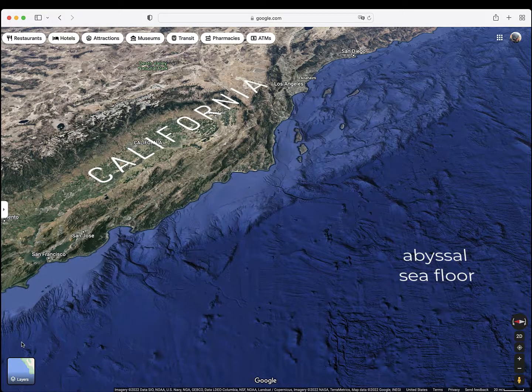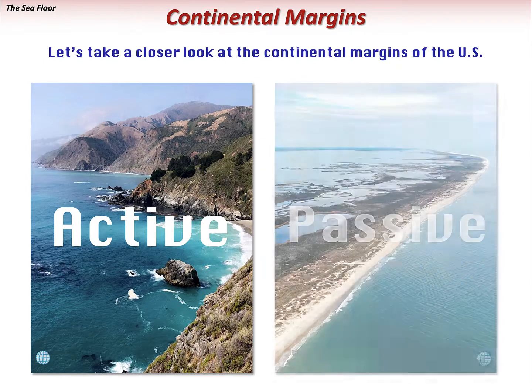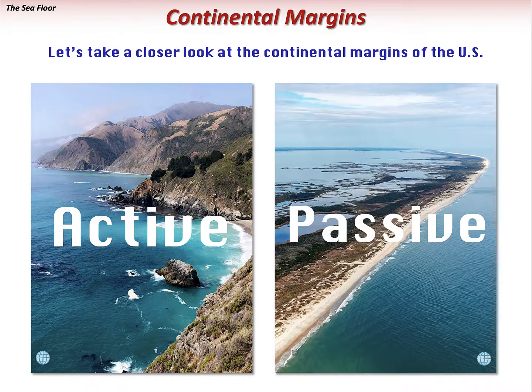The shelf widens out a bit to the north and is punctuated by the large Monterey Bay Canyon with its broad submarine fan. Now let's visit the passive margin along the mid-Atlantic east coast.